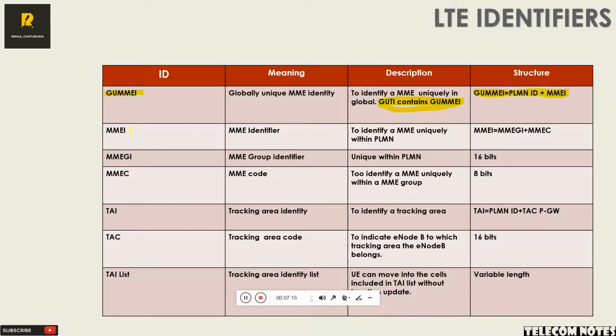What is MME identifier now? For MME identifier, we are having MME group identifier plus MME code. So it's the combination of MMEGI and MMEC.